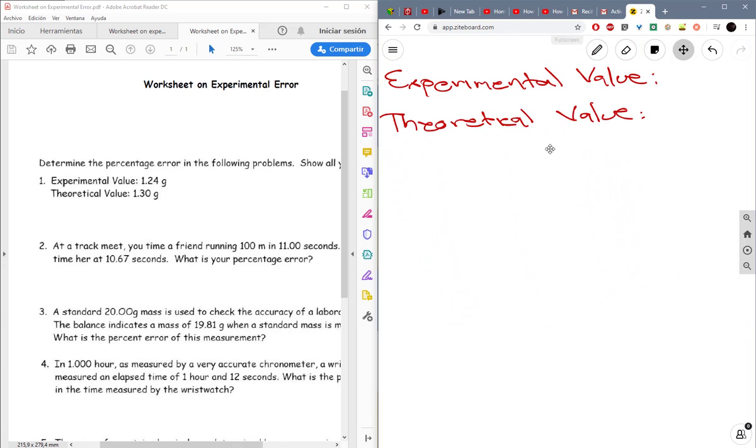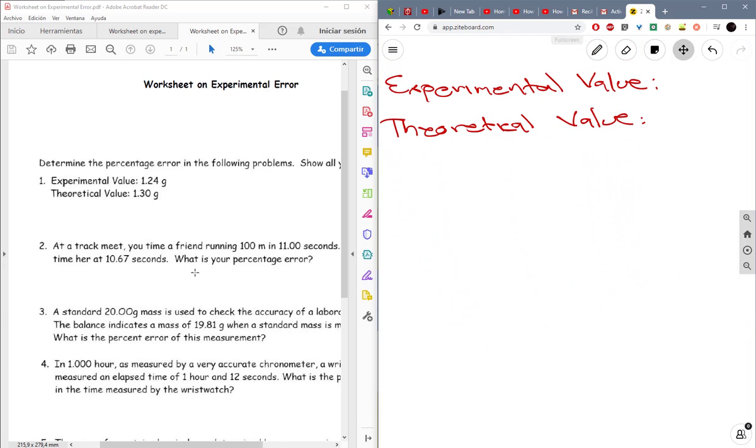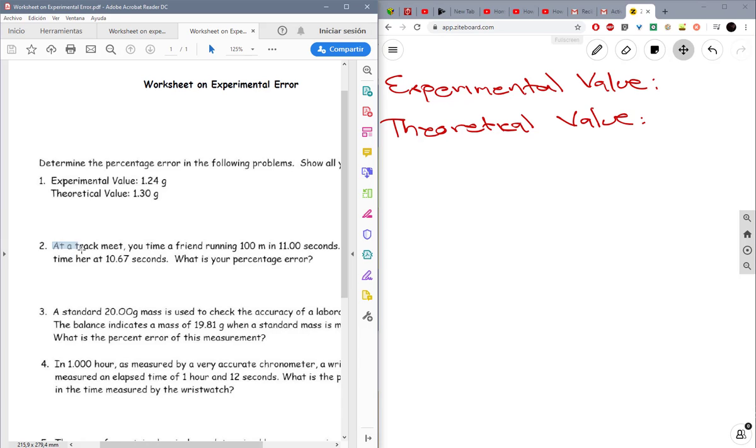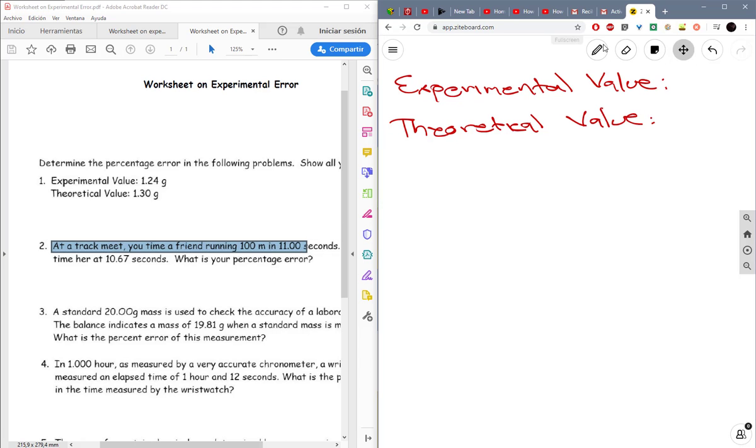In this problem, what is the value that you measure? Let's read again. At a track meet, you time a friend running 11 seconds. That is the value that you measure, so that is the experimental value. Seconds. And the other one is measured by the officials.